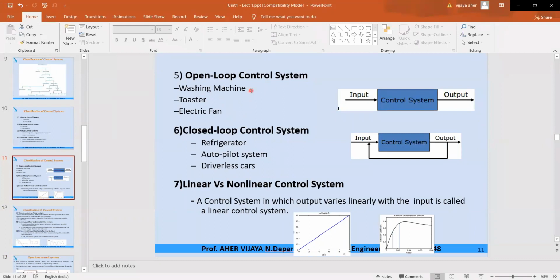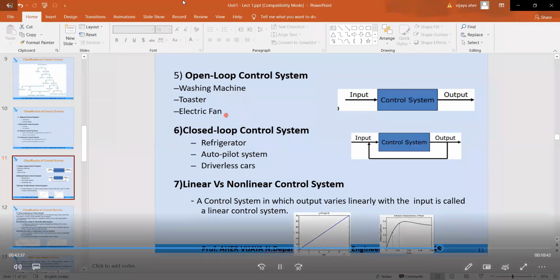Everybody has a washing machine at home, and a toaster and electric fan too. So I have given examples that we use in day-to-day life, for better understanding, for open loop, man-made and automatic control systems.